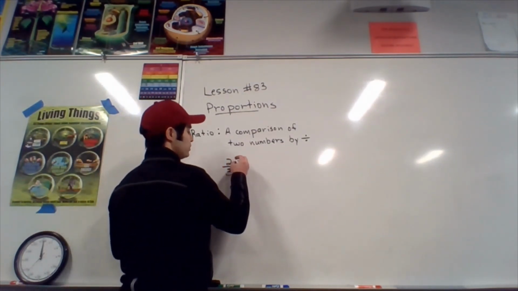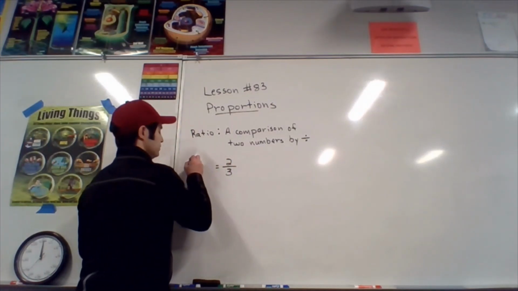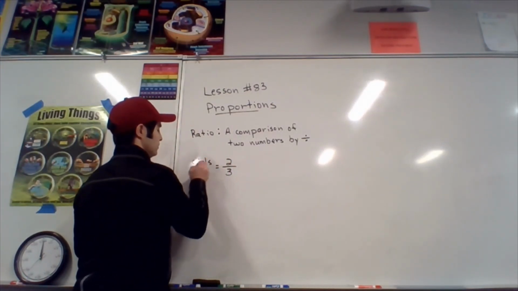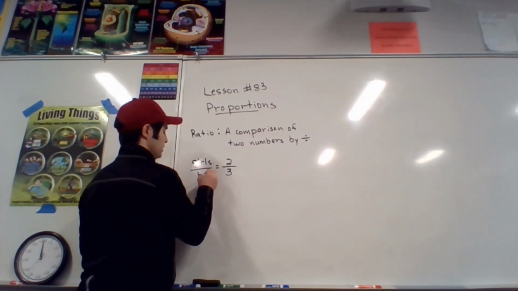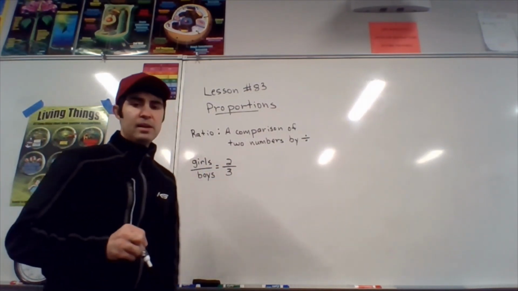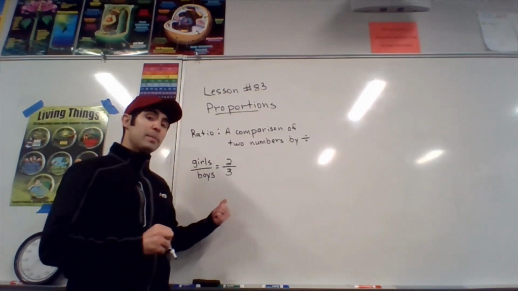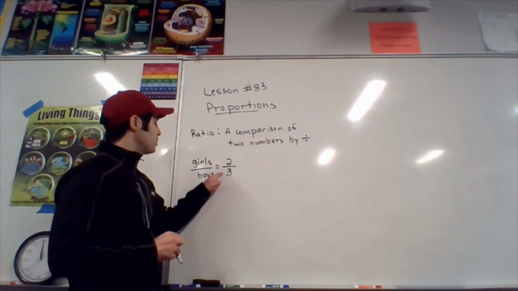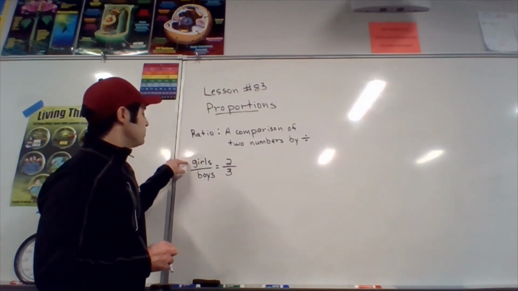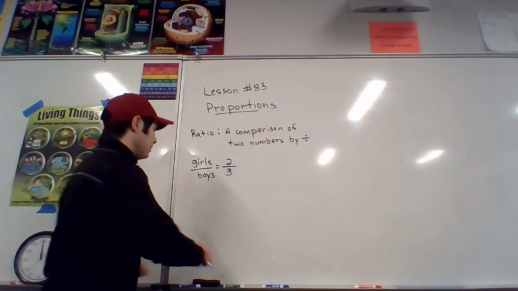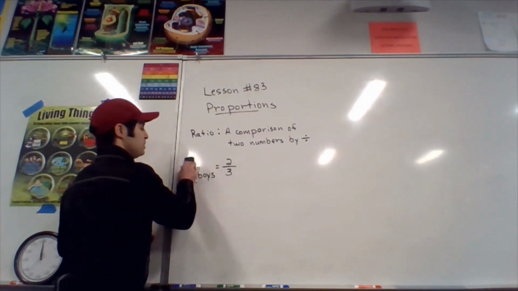So these 2 girls have to put up with 3 boys, okay? So one thing about proportions is the numbers are related to real life situations. Now it could be bees.